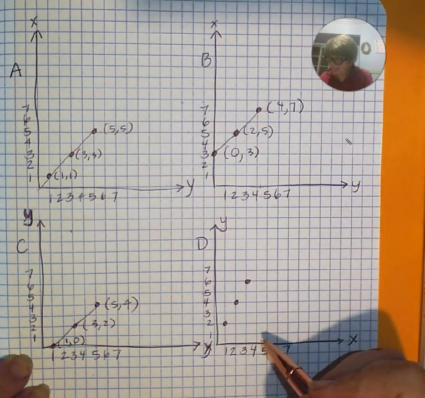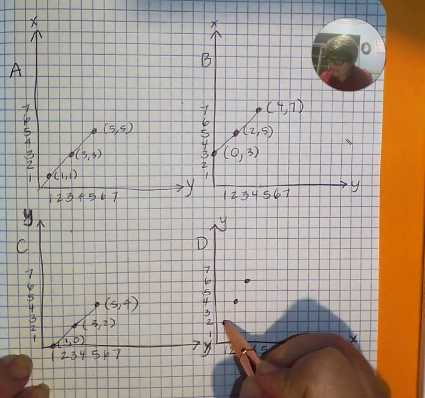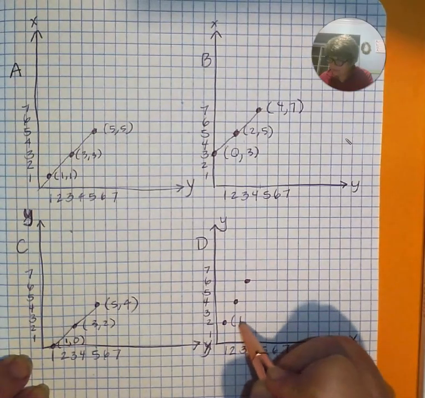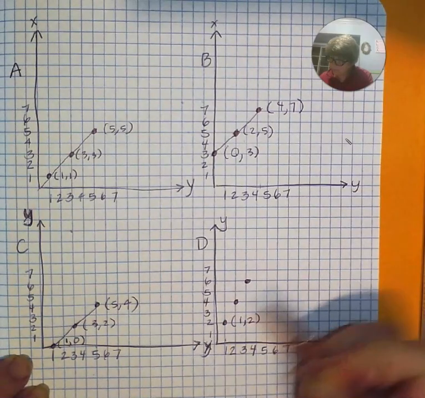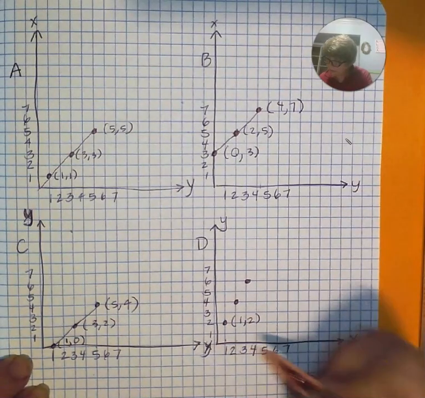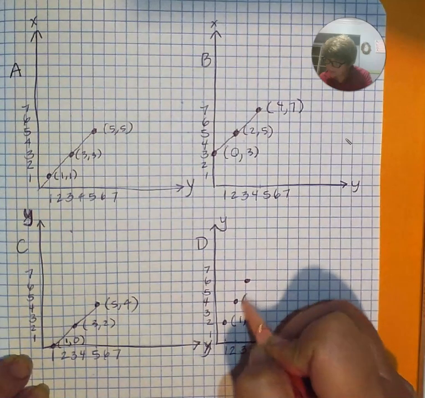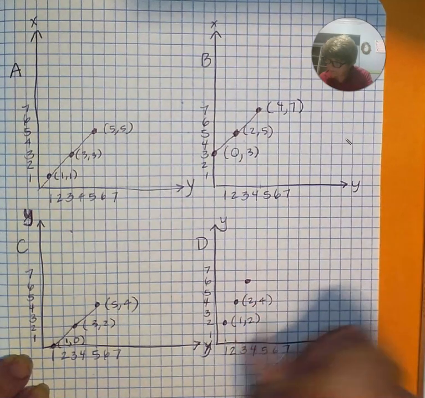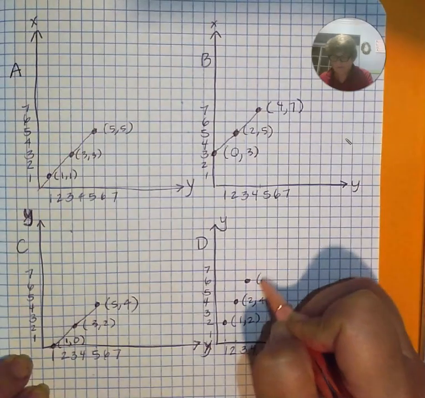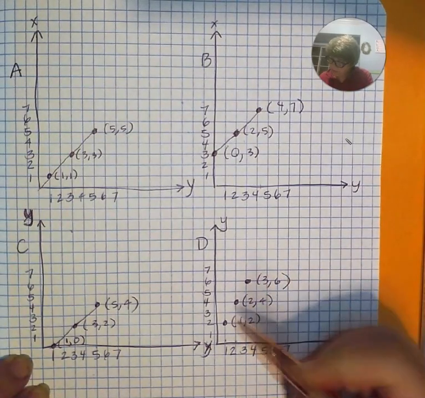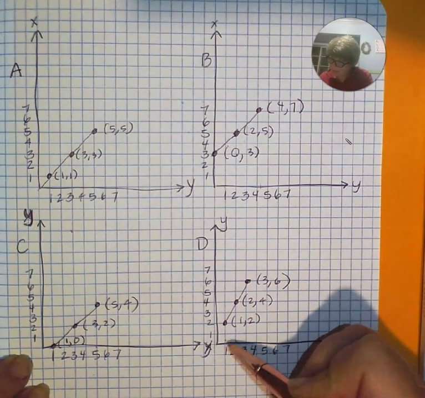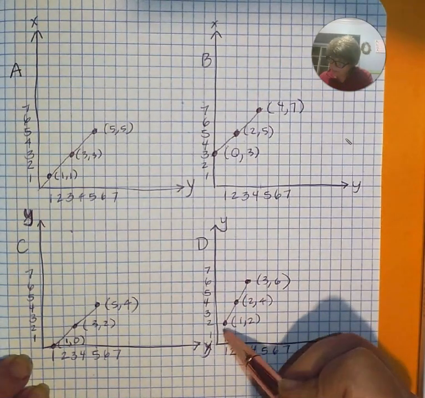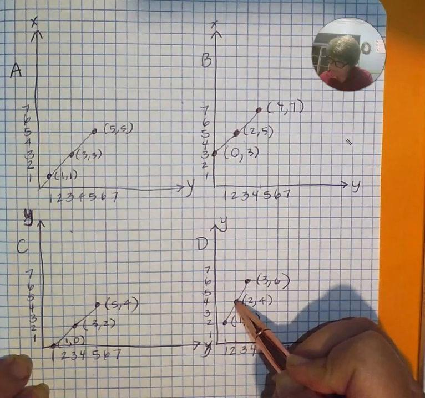Then in D, we're starting here, so that is 1, 2, right? Across 1 and up 2, and then across 2 and up 4, across 3 and up 6. So we also have 3 collinear points, and let's look at our pattern: across 1 and up 2, across 1 and up 2.